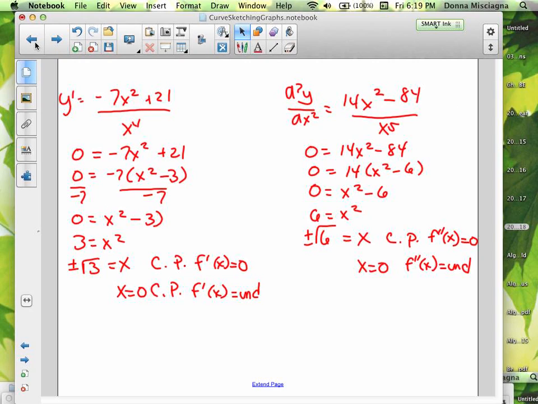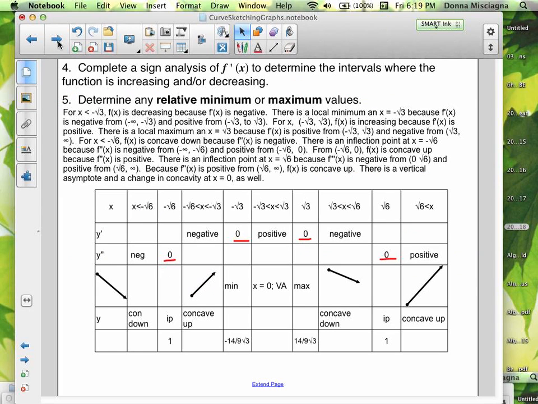I don't think I really need to plug the values back into the derivative. You can just trust me on the signs here. Our second derivative is negative.